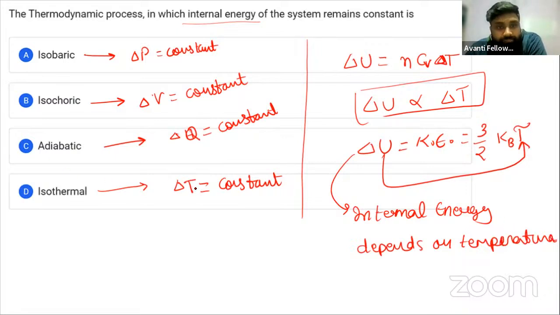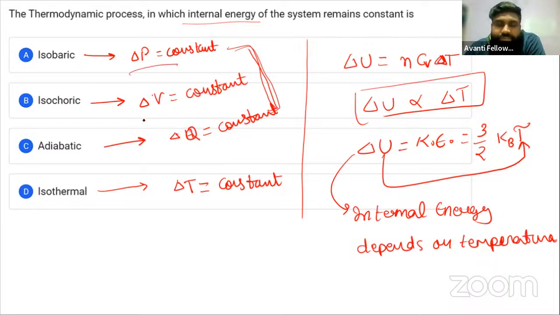Now, in all these processes given in the options, it is not said that the temperature is not changing.